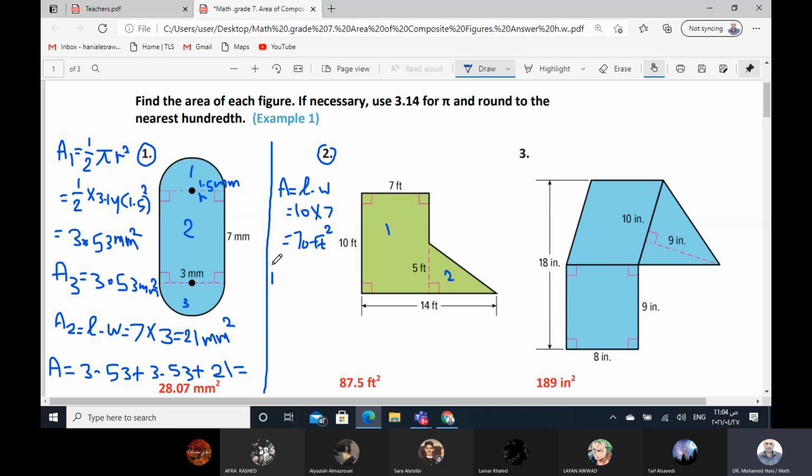The second area is for the triangle, the formula will be 1/2 multiplied by the base multiplied by the height.